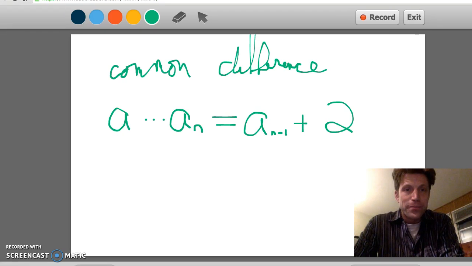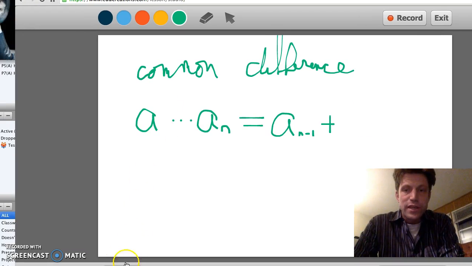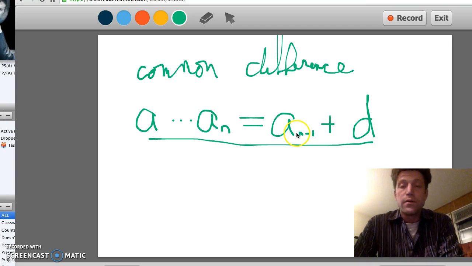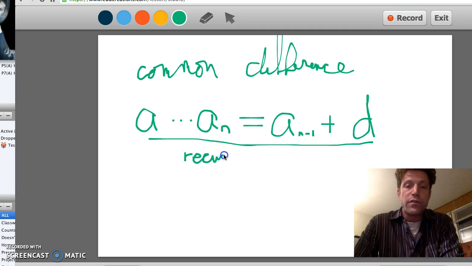More generally, we could say plus d, where d is the common difference, and that works for all arithmetic sequences. The nth term is the term before it plus d, the common difference. This is a recursive definition. A recursive definition is based on the term before it.